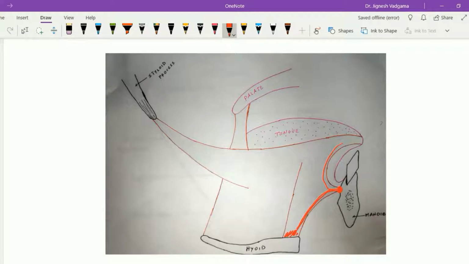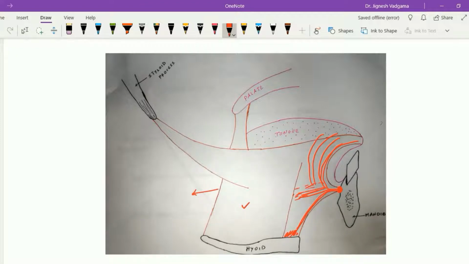The middle fibers pass backward and pass behind the hyoglossus muscle, and it is continuous with the middle constrictor of the pharynx, while the upper fibers turn upward and forward and reach from the tip of the tongue to the root of the tongue.